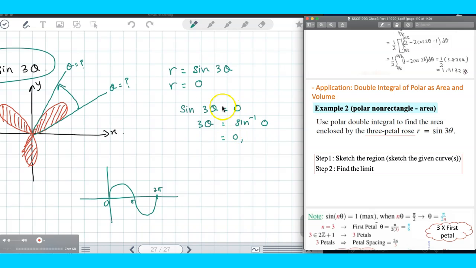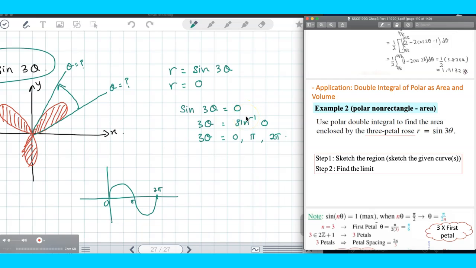You will get sine 0 equals 0, sine pi, you will get 0, and sine 2 pi, you get 0. So now you have 3 theta equals 0, 3 theta equals pi, 3 theta equals 2 pi.